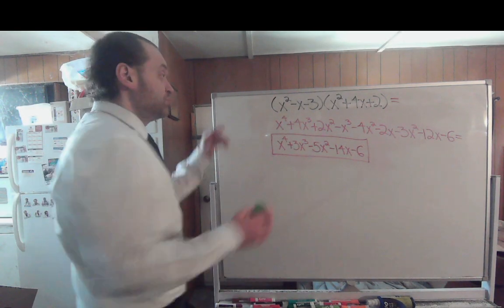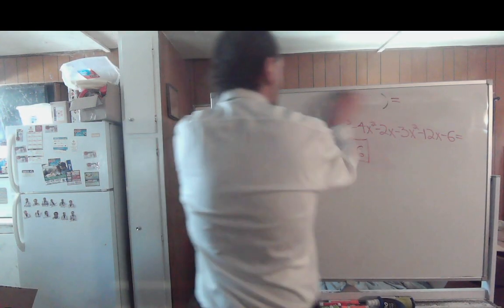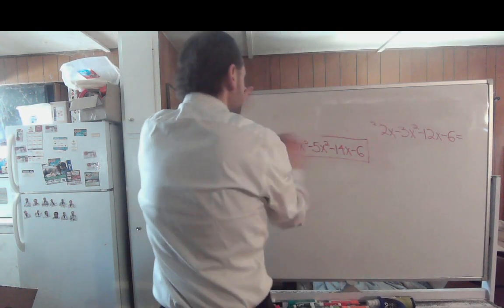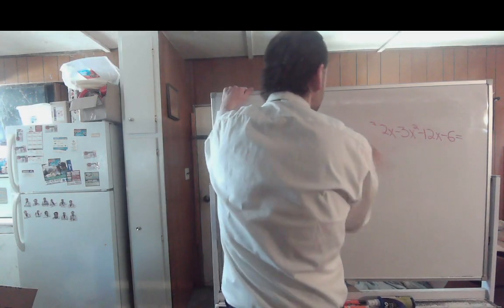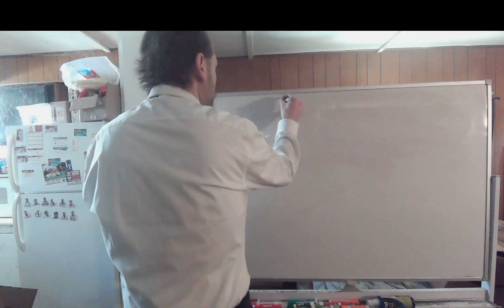And you can also multiply more than two polynomials. So let's get into that here a little bit. What if we had, so we're going to multiply three polynomials, I should say binomials.